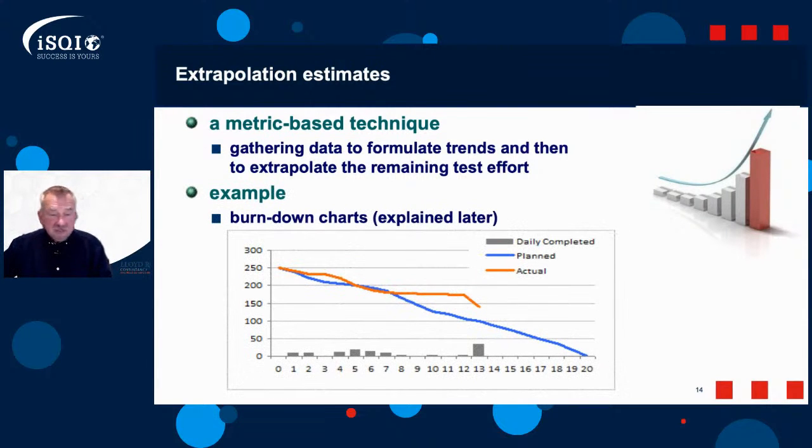And so burn down charts are a tremendous example of extrapolation, because in Agile, we start to plot what we've planned to do, we've estimated using planning poker, and then we plot our burn down charts, and this is what we plan to do, or this is our linear plan, the blue line, and then the actual is overlaid on top. Now, as the actuals are starting, you can see that orange line, to start with, it looked okay for the first couple of days, and then we really slowed down.